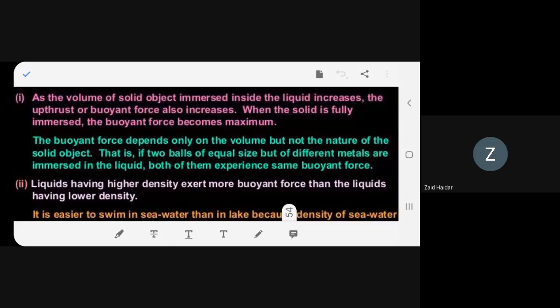Because the upward thrust depends on the volume of the object. Now, if I take two objects of different metals, same volume, that is equal size, the upward thrust will be the same. The buoyant force would be the same. If I take an object of glass and another object of steel, the buoyant force will be the same. Did you understand?